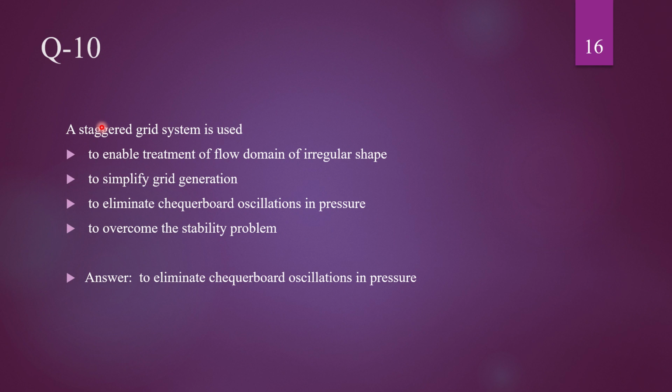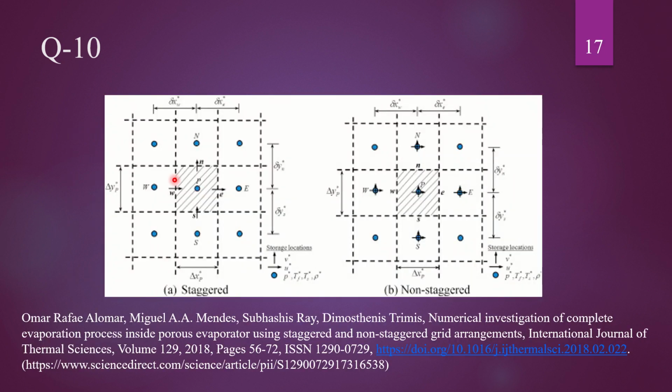In a staggered grid, we measure the scalar values at a single point, that would be cell centered, and the vectors like u velocity, v velocity would be measured at the face centered between two grids, so the location of them would be different. So staggered grid system is used to eliminate the checkerboard oscillations. This we saw between staggered grid and the non-staggered grid, where the storage locations of the scalars and the vectors are different between these two.